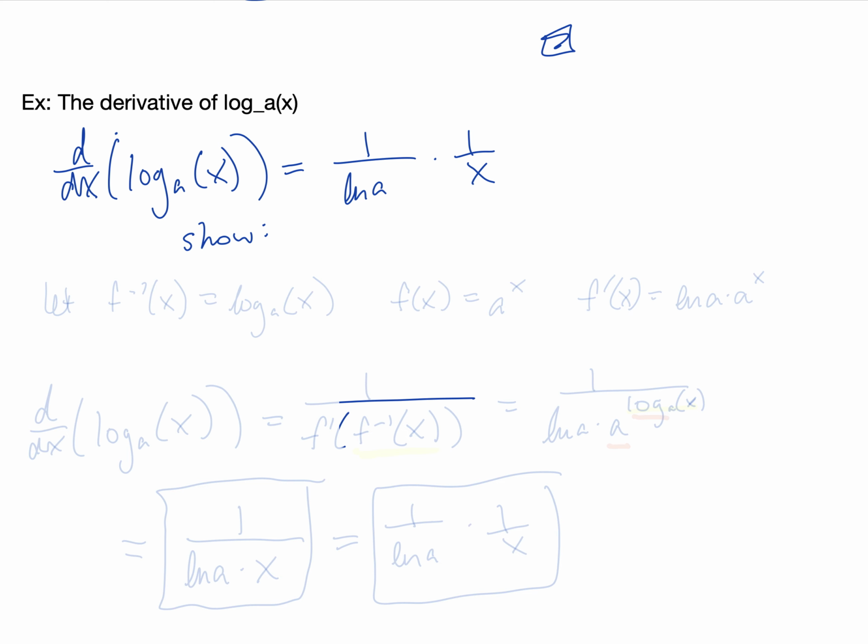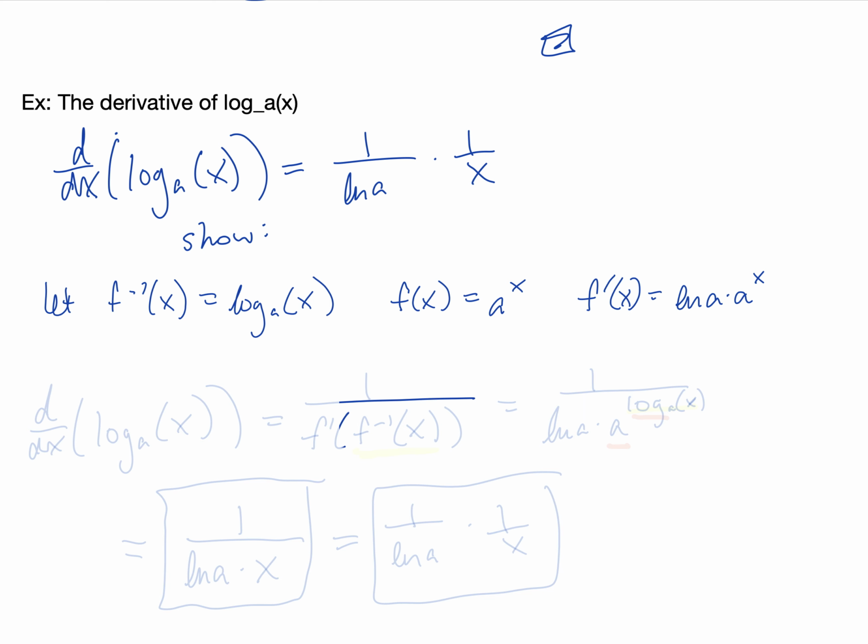So we're going to let f inverse of x be log base a of x. We're then going to let f of x be the inverse of that. The inverse of log base a of x is a to the x, and therefore we'll also need f prime of x. The derivative of a to the x, we know, is natural log of a times a to the x. So we're going to use all three of those pieces.